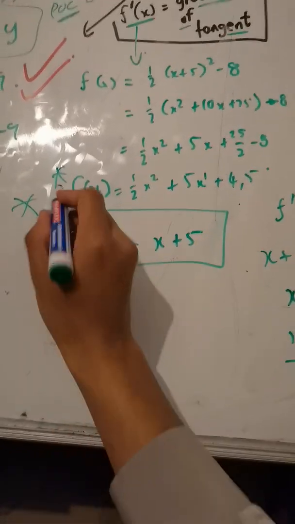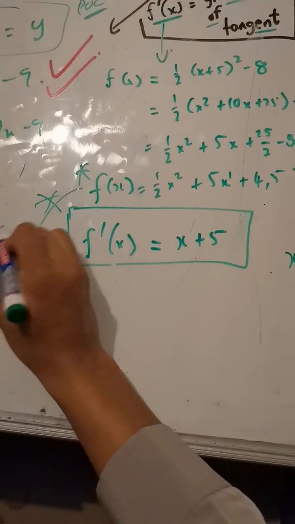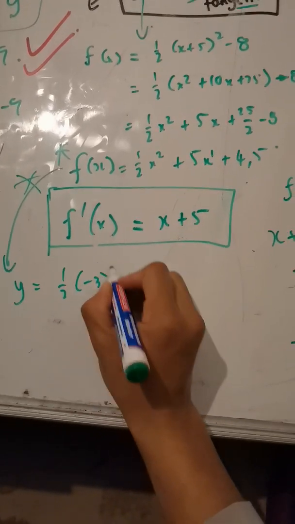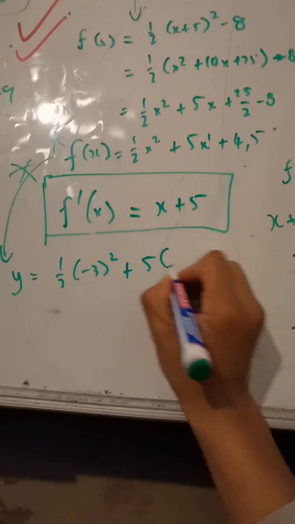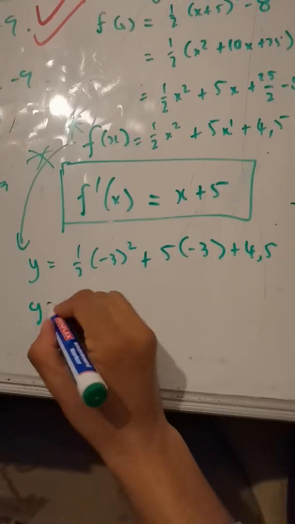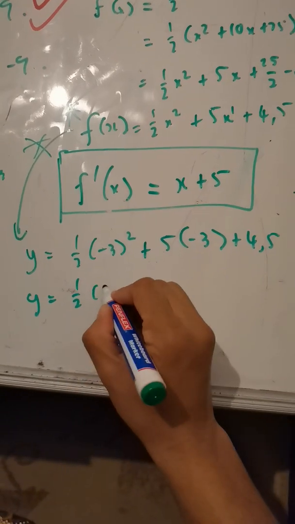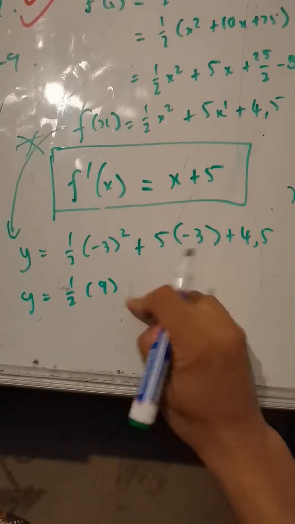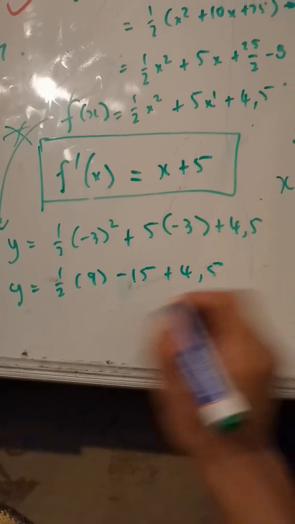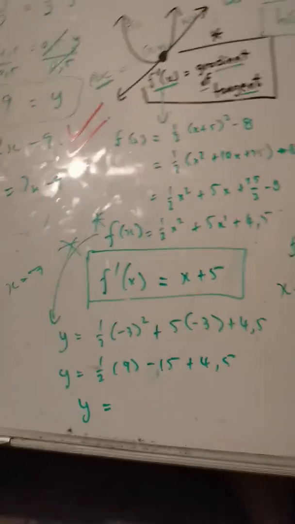So in my parabola, x is equal to negative 3. So then y is equal to a half times negative 3 squared plus 5 times negative 3 plus 4,5. So y is equal to a half times 9 minus 15 plus 4,5.